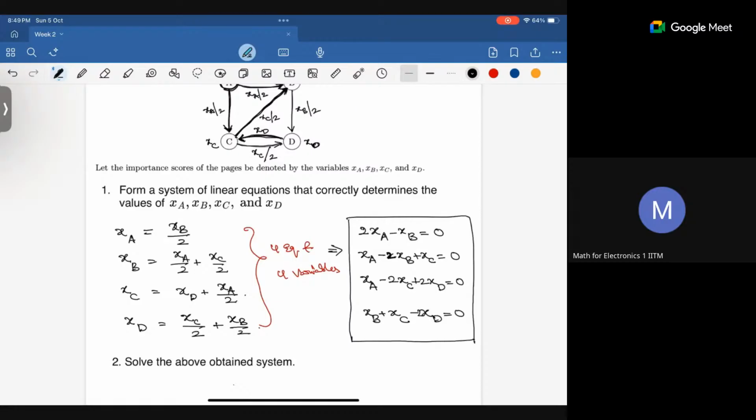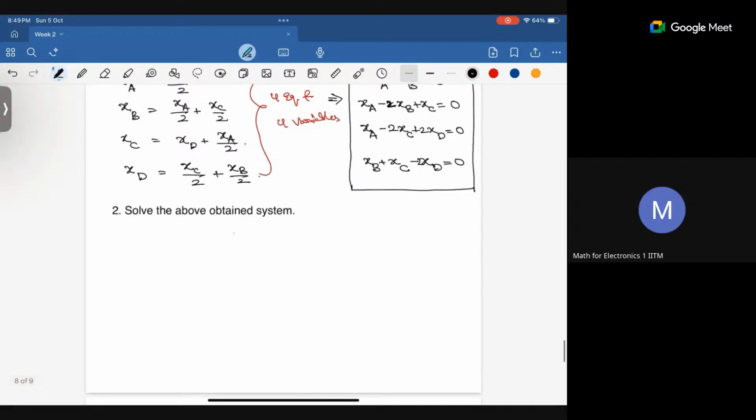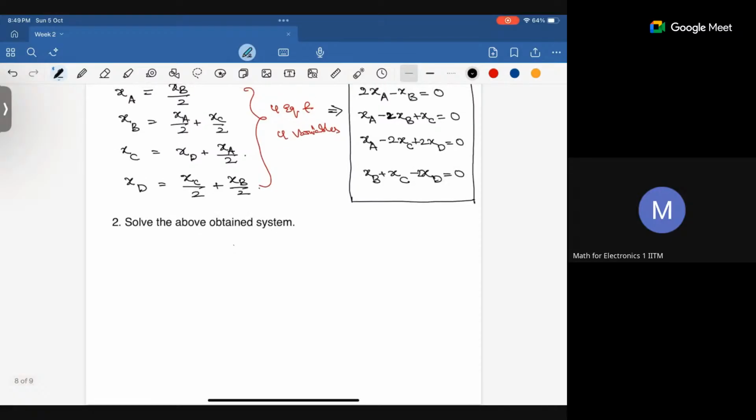So that's the ultimate goal. So for finding xa, xb, xc, xd, we have to solve this system of linear equations. For that, we have to write the given system in matrix vector form.